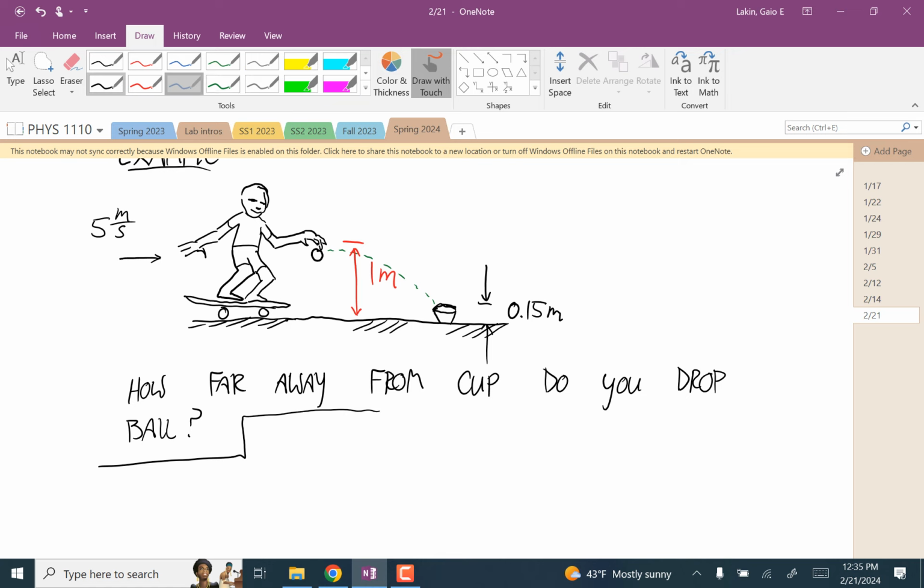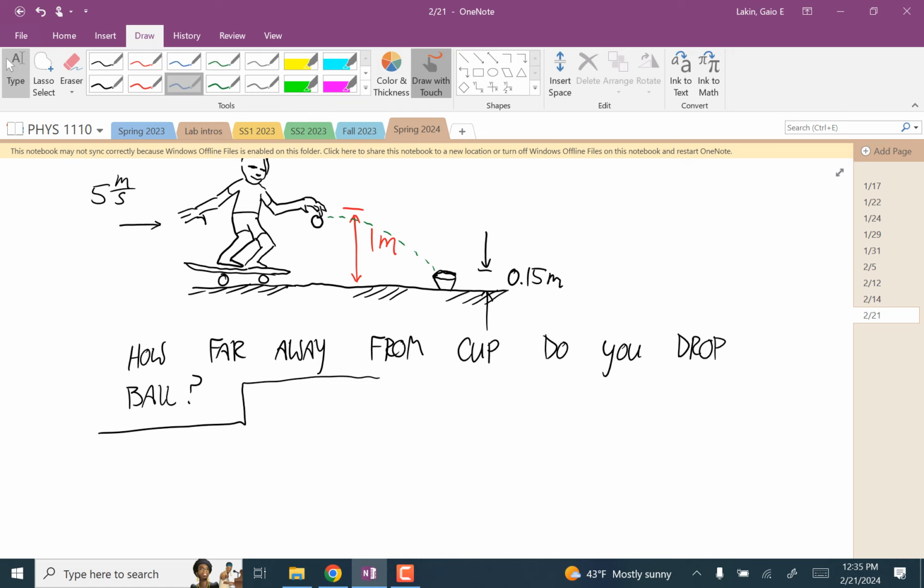Well, let's make those 4 choices so we all agree on that. And then I'm going to give you a little time to try to figure out what variables we know and what we're trying to find. Okay, so for my coordinate system, I'm going to put the origin on the ground right beneath where the ball is when it's released.